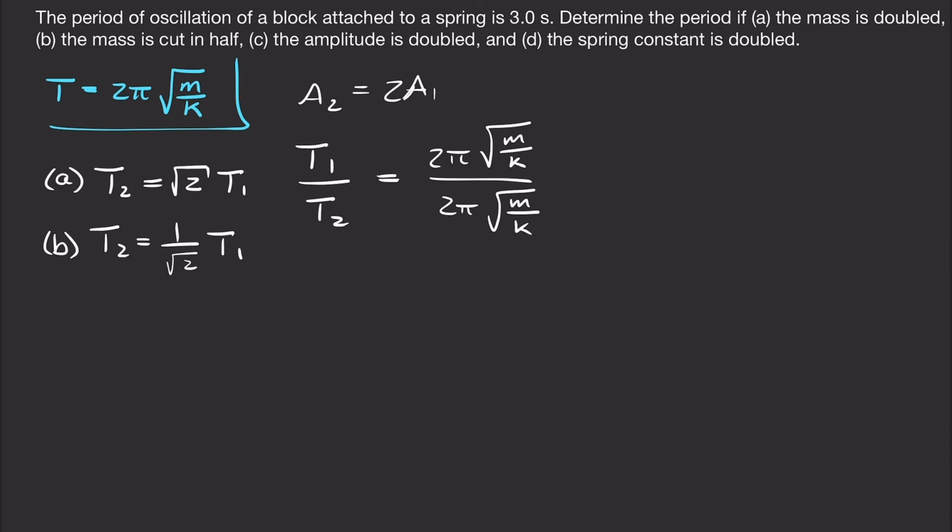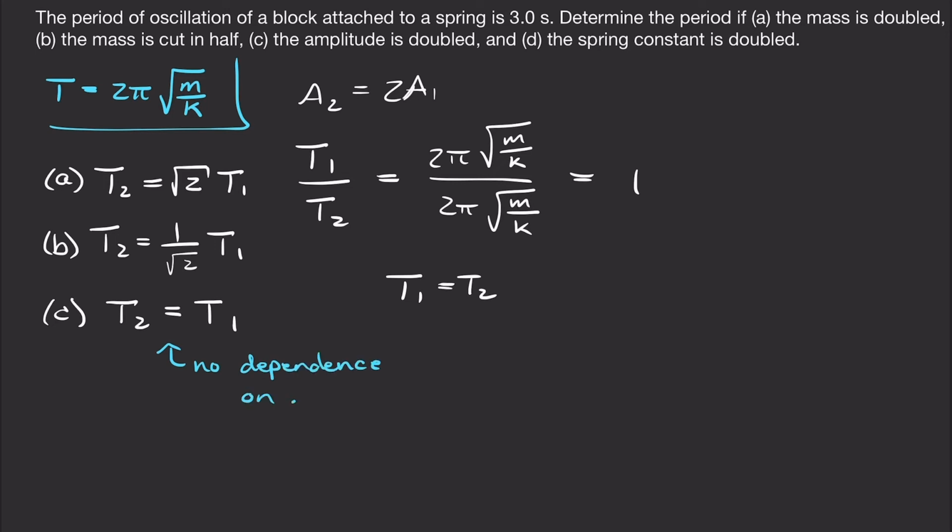So if we leave the mass the same and we leave the spring constant the same, then this is just going to equal 1, and T1 will equal T2. So the amplitude will not affect the period. T2 is equal to T1, and this is because there is no dependence on the amplitude. So let's go back and do the last one.